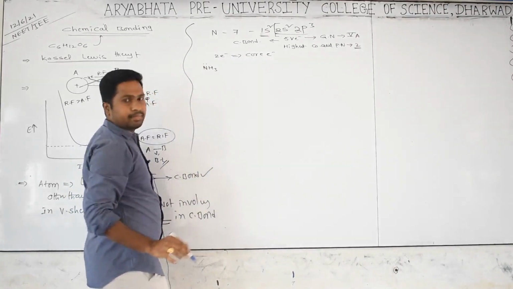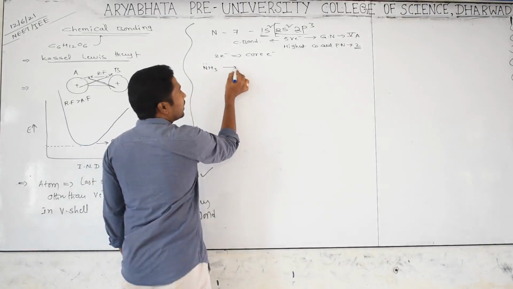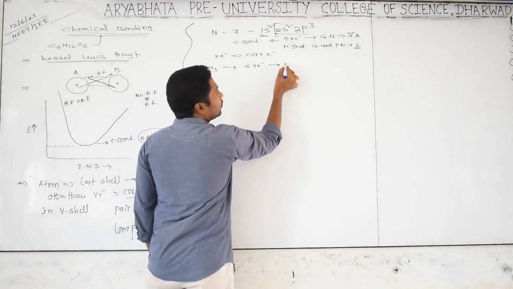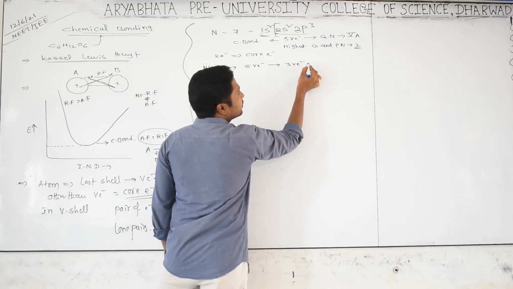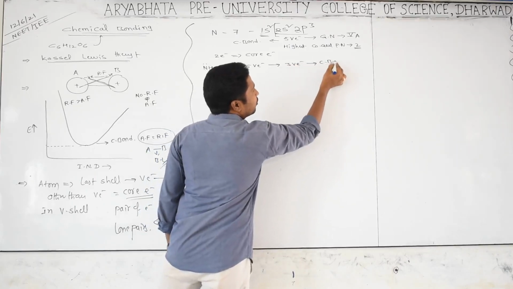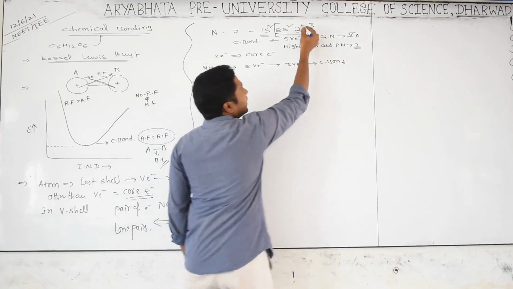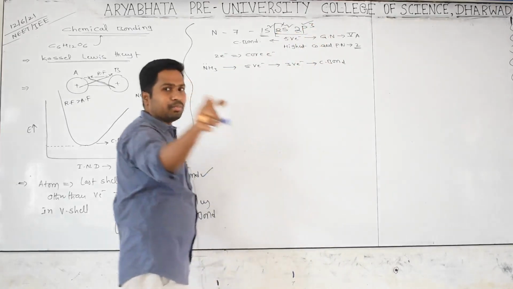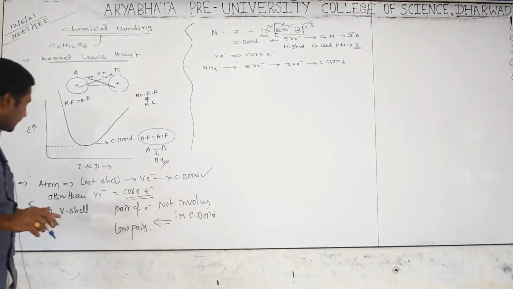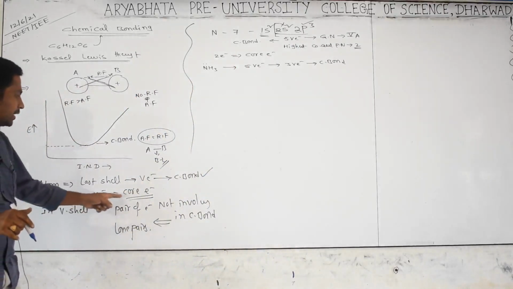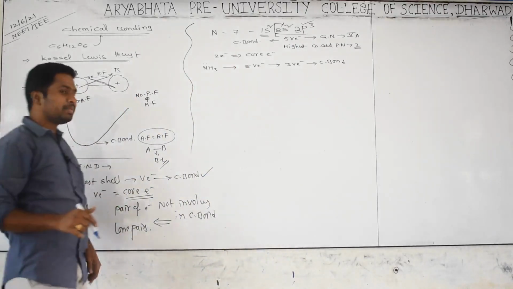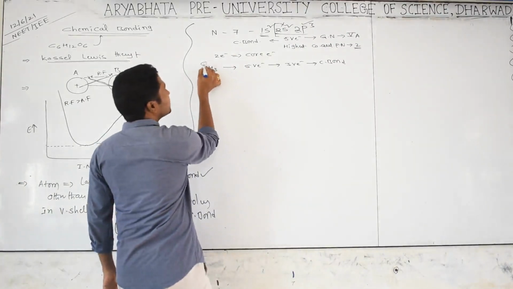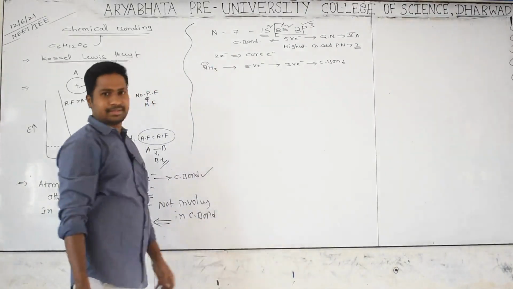In ammonia, out of 5 valence electrons, only 3 are involved in chemical bonding. This pair is not involved in chemical bonding. In the valence shell, a pair of electrons not involved in chemical bonding is called a lone pair. How many are there? One is there. That is denoted like this.